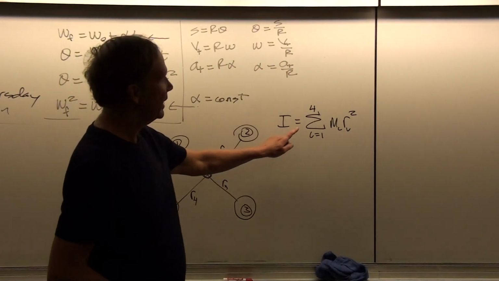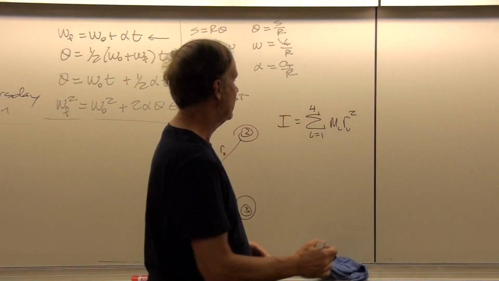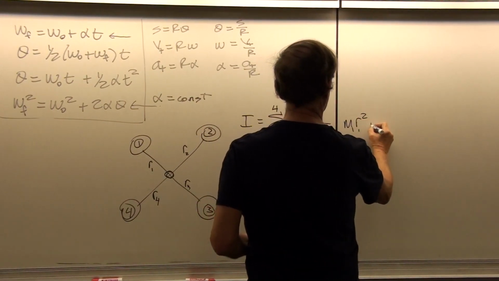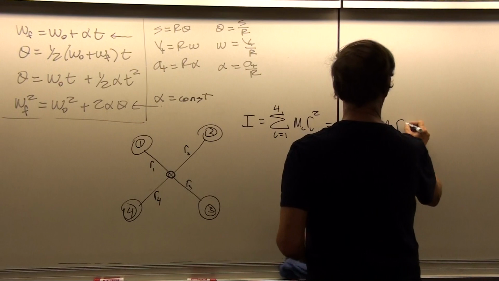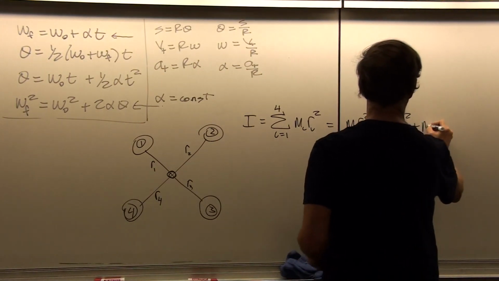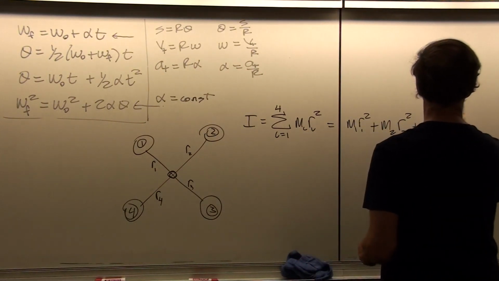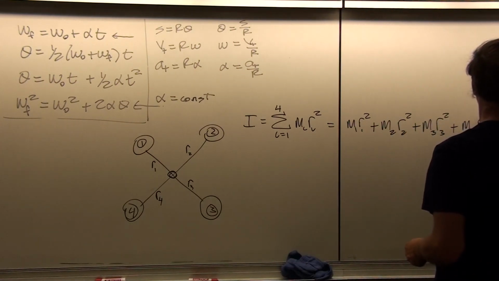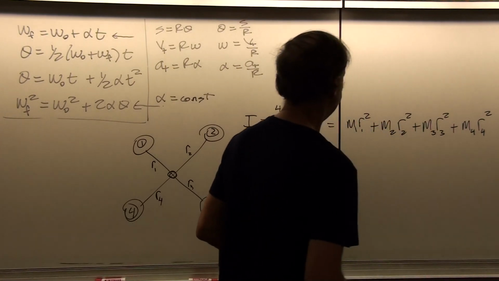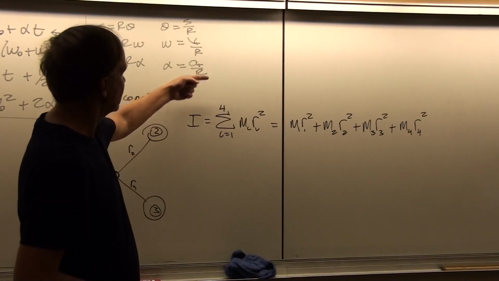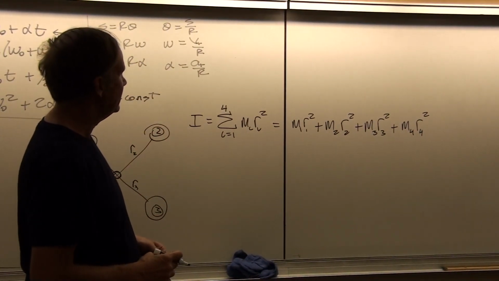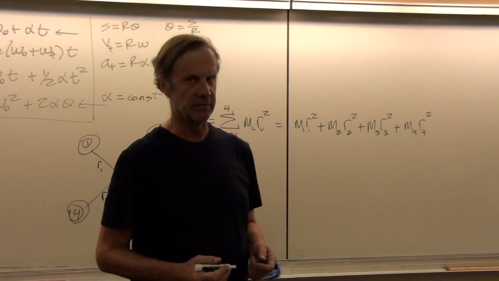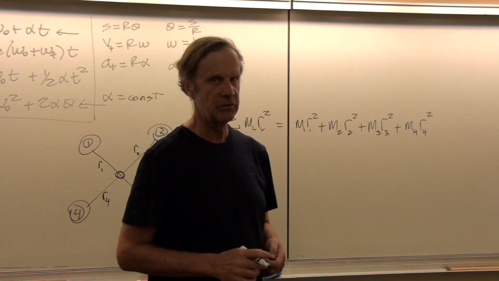And so that's just a compact way of writing m1 r1 squared plus m2 r2 squared plus m3 r3 squared plus m4 r4 squared. All right, and so this is our way of writing the moment of inertia for a collection of point masses, but not for a continuous distribution of mass.